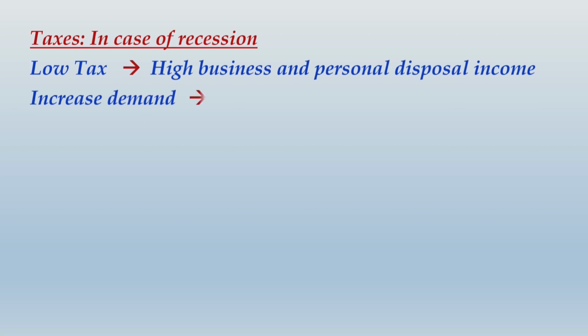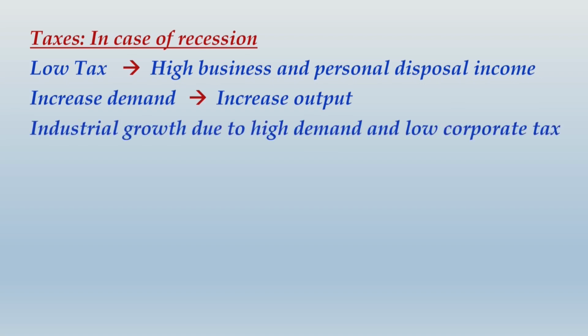There will be an increase in demand, and increase in demand will result in increased output by industries, and this will finally result in industrial growth due to high demand. On the other side, when the tax rates are lowered, not only for individuals, even for industries, it will be an incentive to produce and sell more to earn more profits, and finally it would automatically counter the recessionary situation in the country.